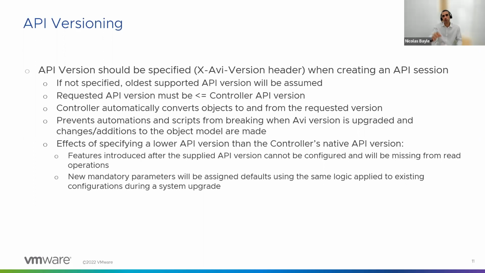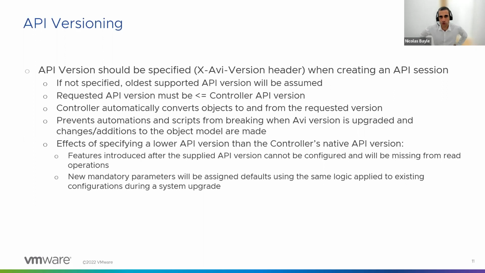So let's say you have your AVI controller in 22.1.1, but you want it to behave in version 21.1.1. In this case, when you create your API session, you will send this parameter, AVI version equals 21.1.1.